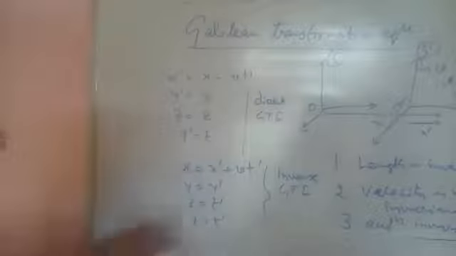Invariant means if a particular physical quantity remains same, then this is called invariant. If they change after coordinate transformation, this is called not invariant. So in our earlier Galilean transformation equations, which were non-relativistic equations, length was invariant, velocity changes, and acceleration remains the same. So these were our Galilean transformation equations.